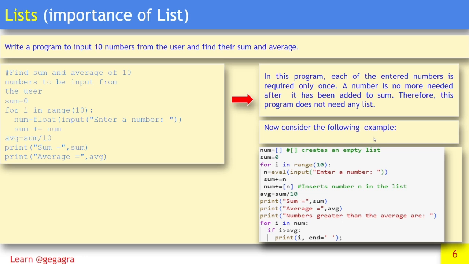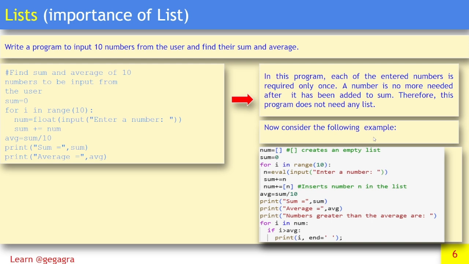Now here I will show you the second example. Now consider the following example. Over here I have initialized a variable as a list. So this is the empty list, num is equal to square brackets. This is the notation of declaring a list.